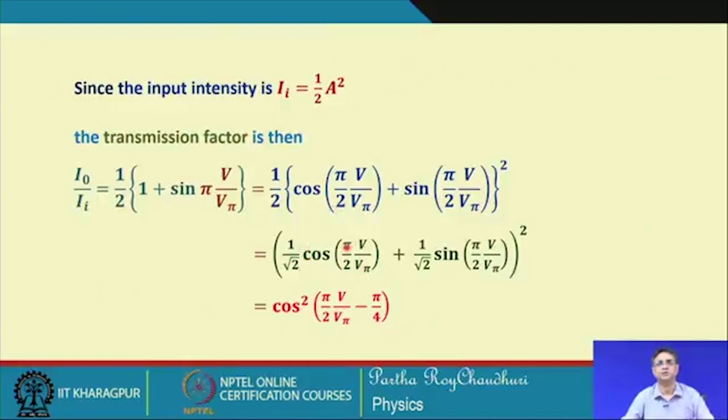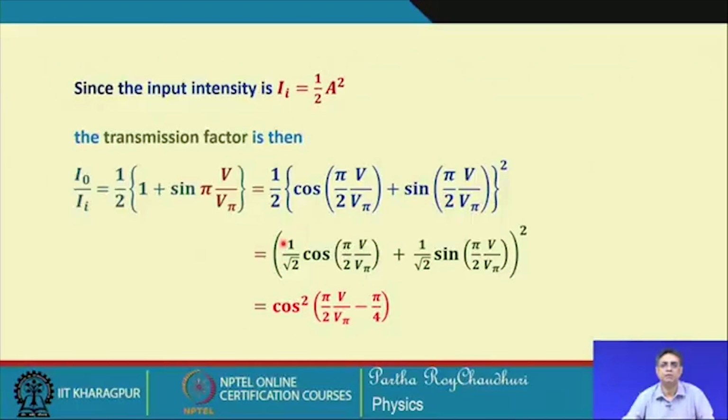You can write it in this form, because the half you can take inside. This is a simple way of understanding the calculation. 1 by root 2 is nothing but cosine pi by 4 or sine pi by 4. So if we attach this sine and cosine pi by 4, you can represent this in terms of this.